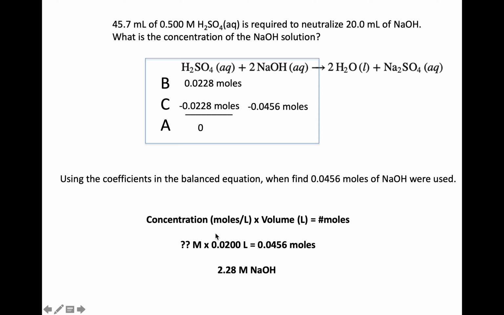Concentration in moles per liter times the volume in liters equals number of moles. What's my variable in this case? I don't know the concentration, but I know the volume in liters, and I know the number of moles. That was in my BCA table. The only variable I have left was the concentration, and that's the concentration of the sodium hydroxide.